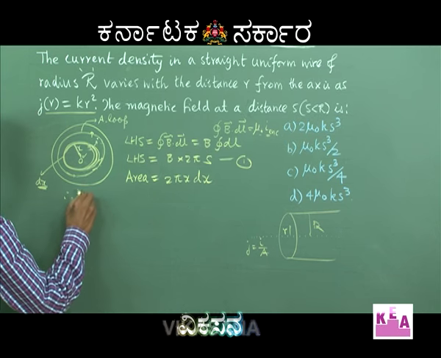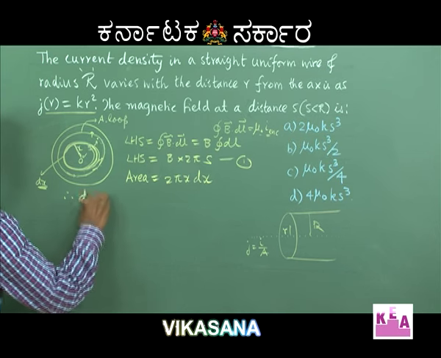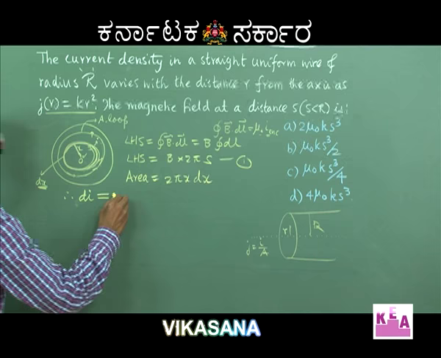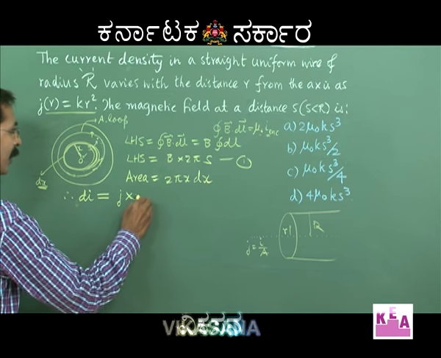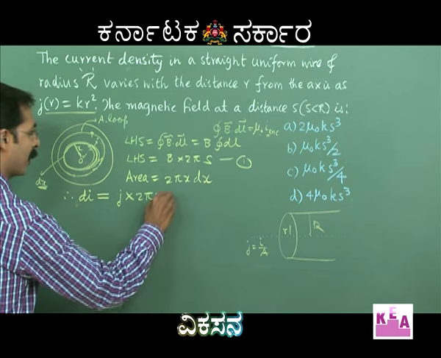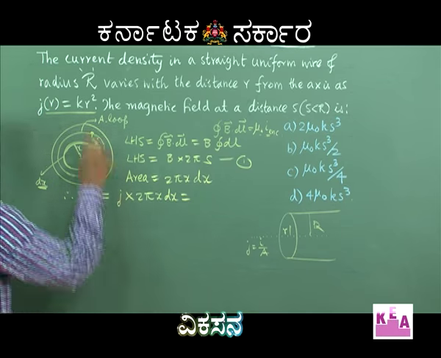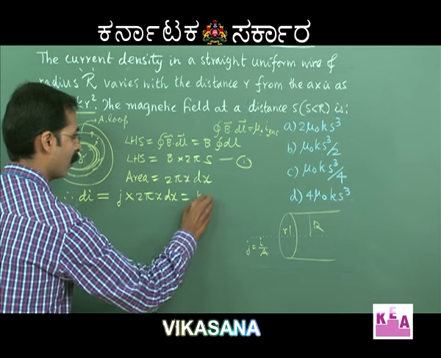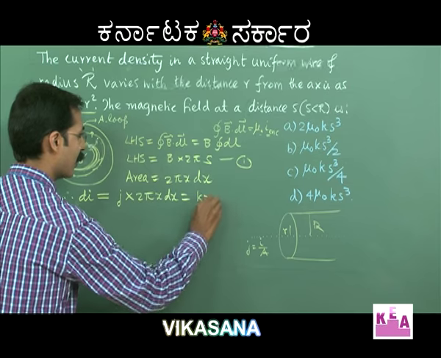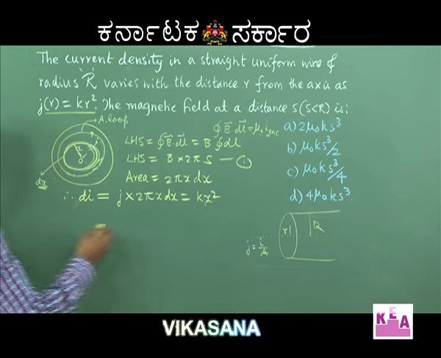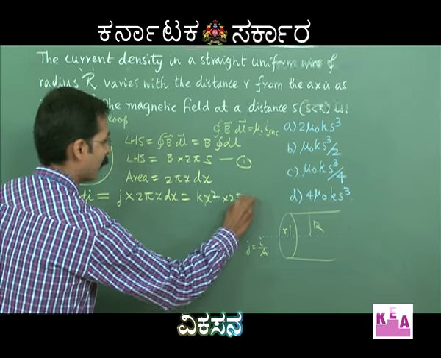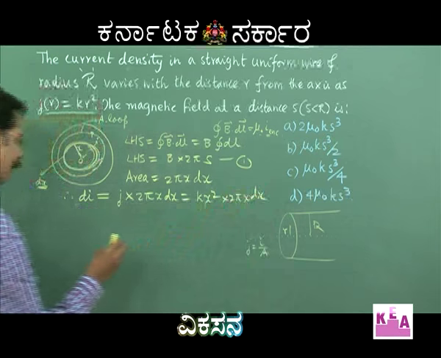Therefore, the current flowing through that patch is given by di equal to current density into area, that is J into 2 pi x dx. But J is k r square, therefore k x square, because the distance is x, into 2 pi x dx.